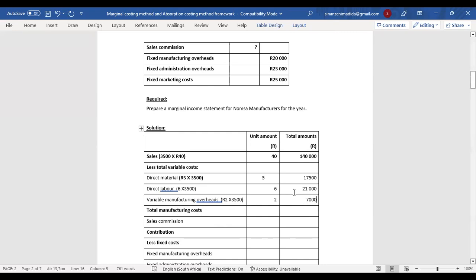We can start by per unit, then the total amount. Anyone to remind us quickly, guys?